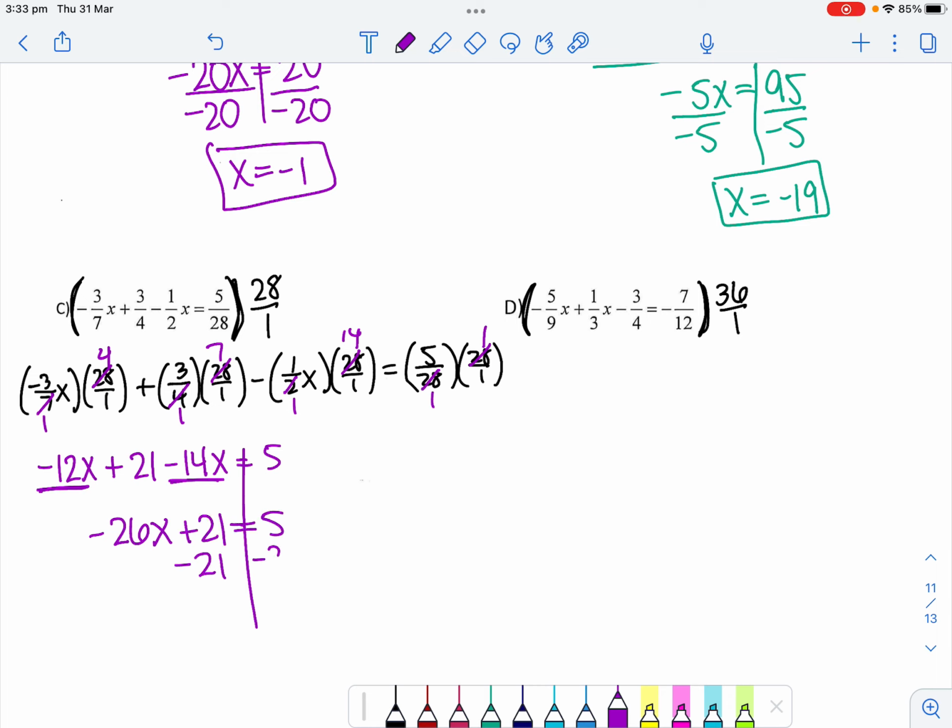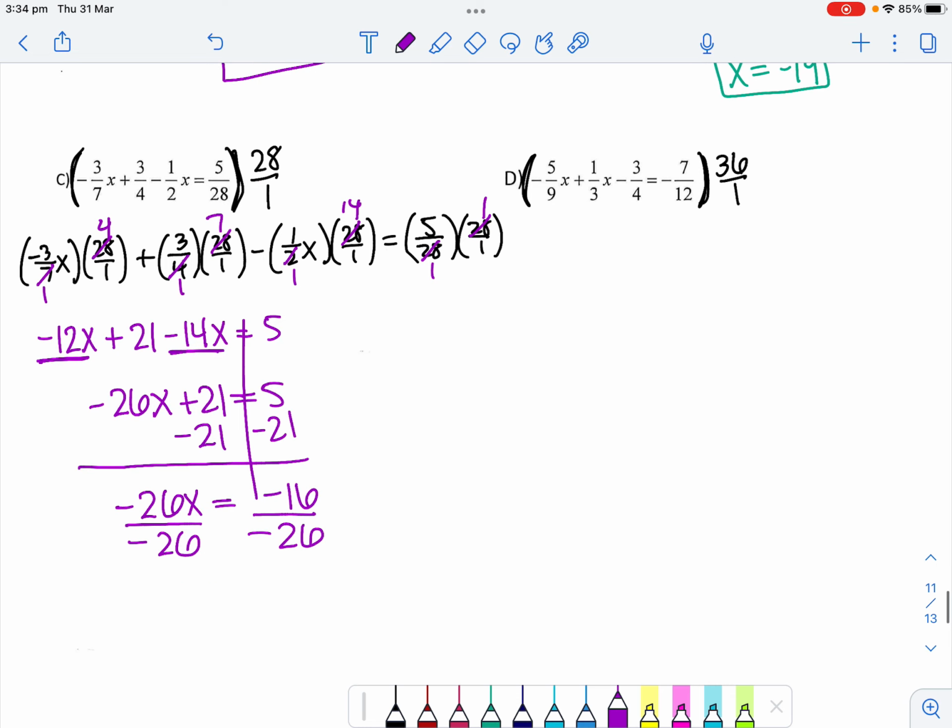I subtract 21 and I get negative 26x equals negative 16. So when I divide by negative 26, I get x equals 8 over 13. And I simplified that fraction.